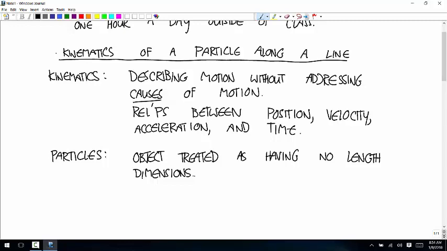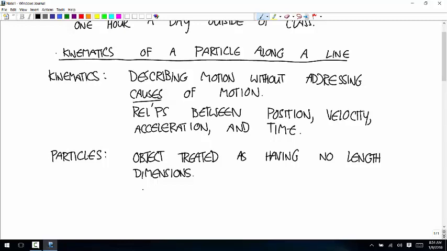So what does orientation mean for an object that is just a single point? If there's no length dimensions, you can't make any distinction between the face part and the back part, right? And so if you are not treating an object as having any length dimension, you also can't describe any orientation of the object.